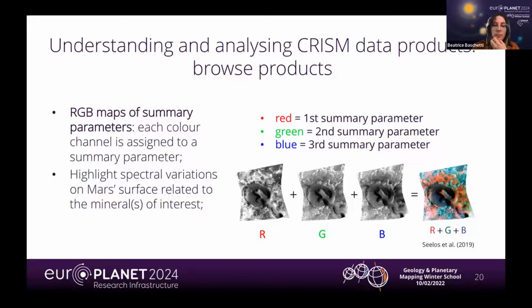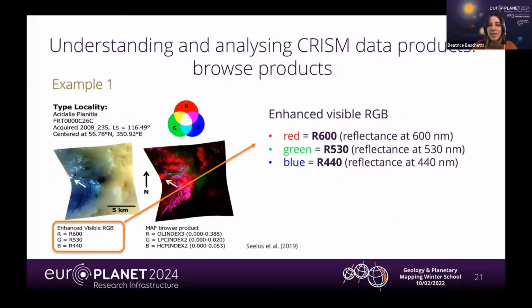So we might combine 3 different features to see how they change and how they are distributed on the surface. So here's an example of how browse products work. Here's a CRISM targeted observation.